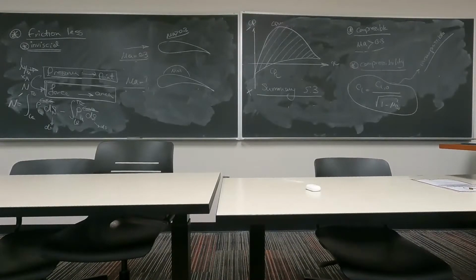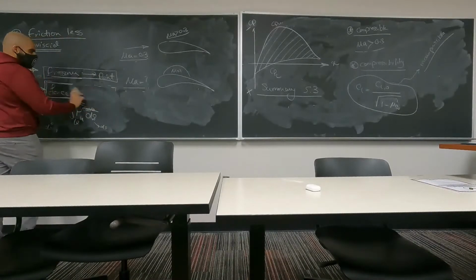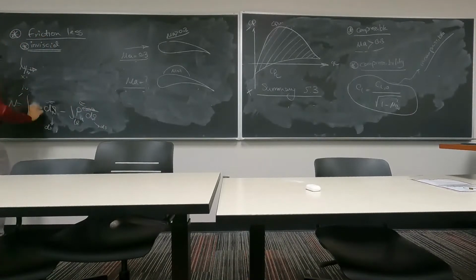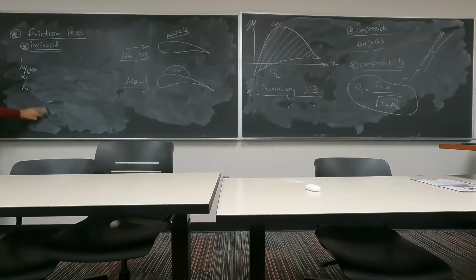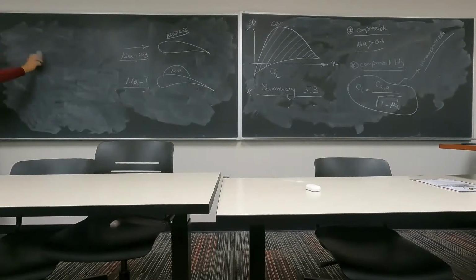Okay? For that critical Mach number, okay, let me ask you this then. Where will you get the maximum speed, which means the highest Mach number, right? The maximum speed is going to give you the highest Mach number. Where will you get this?